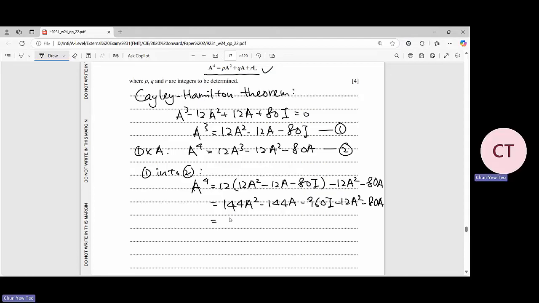Simplify further, you get 132A squared minus 224A minus 960I. So therefore, you have found the P, the Q, and the R.